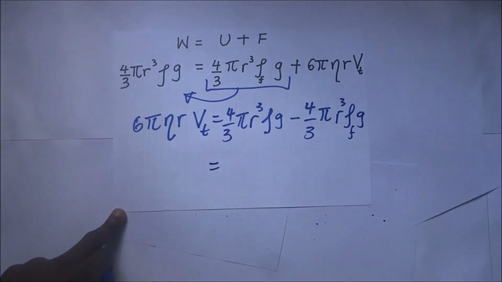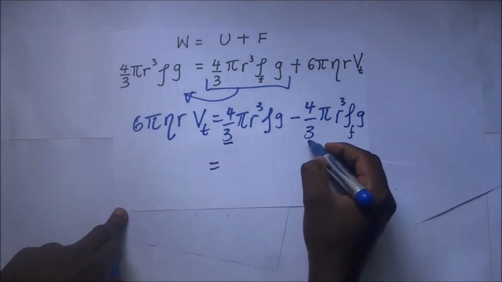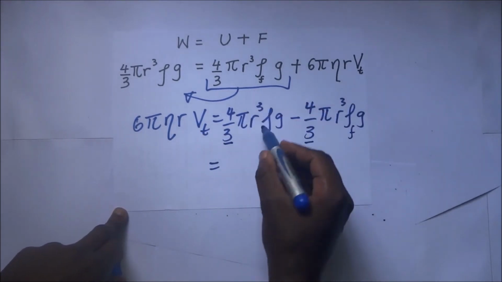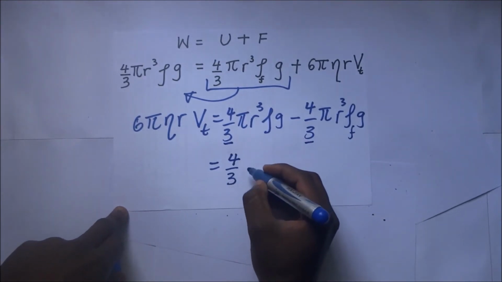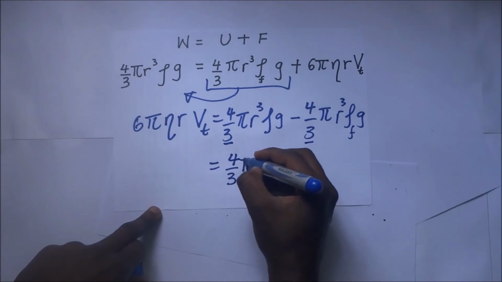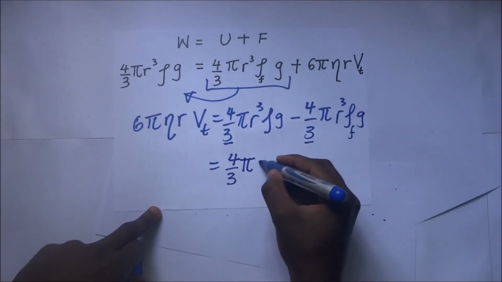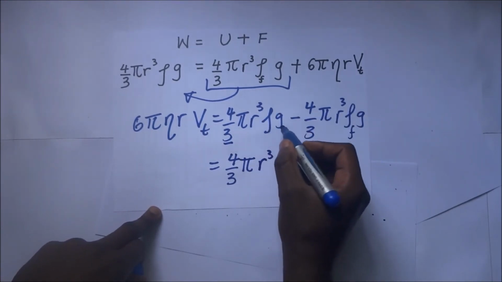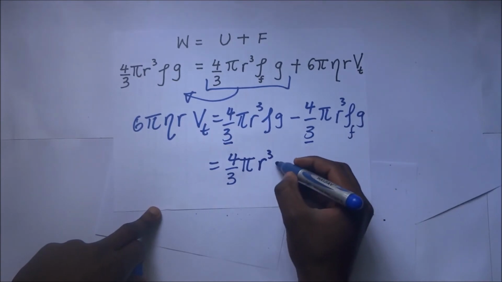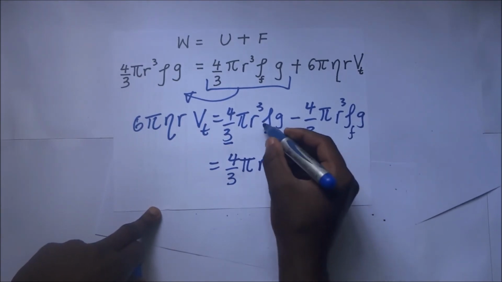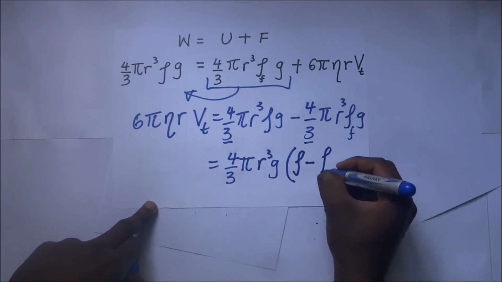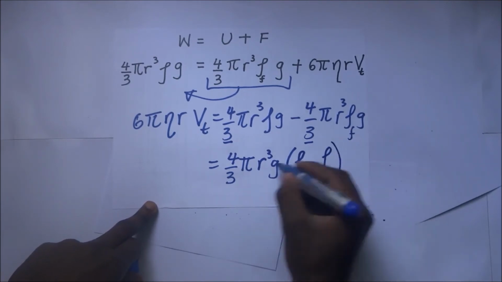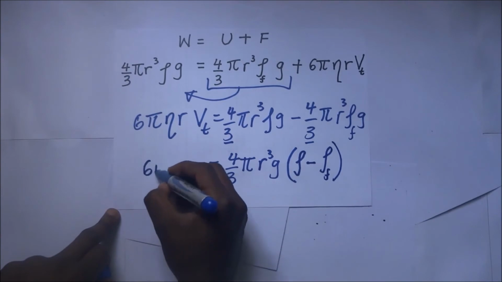Now you realize that this and that are the same, so we factorize out some stuff. So this becomes 4 over 3 pi r cubed times gravity, into the density of the sphere minus the density of the fluid. That is going to be given by 6 pi.